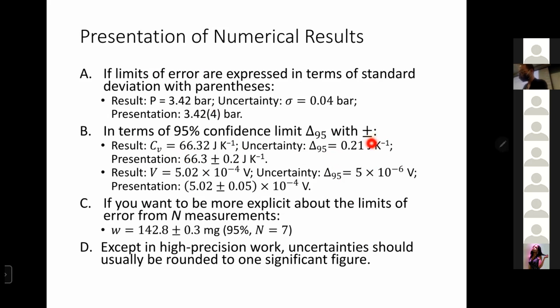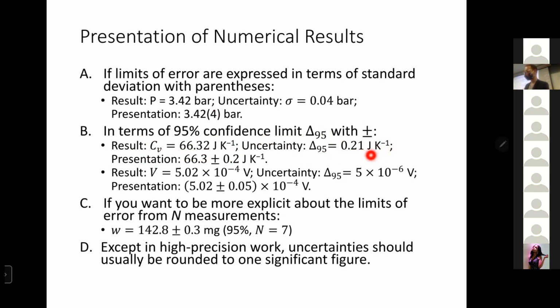Another way that's a little bit easier to understand is to write uncertainties with plus or minus. This is what I recommend using. So in terms of the 95% confidence limit, delta 95, writing the uncertainty with a plus minus, let's say you made a measurement of the heat capacity of a certain substance and you get 66.32 joules per Kelvin with a 95% confidence limit of 0.21 joules per Kelvin.